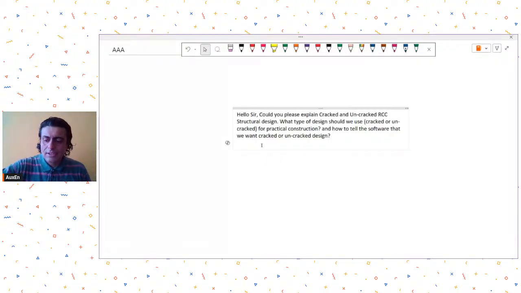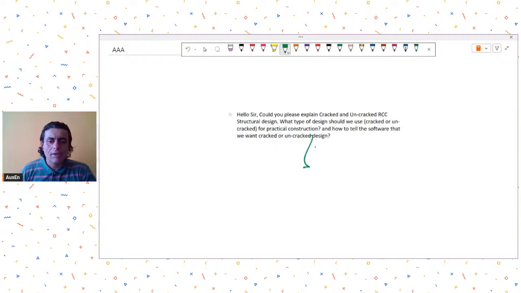So in RCC design, let's talk about this in two parts. One will be, let's say, your ultimate calculations. Okay, now cracking, when will cracking happen? When concrete is subjected to tension. And when is concrete subjected to tension?